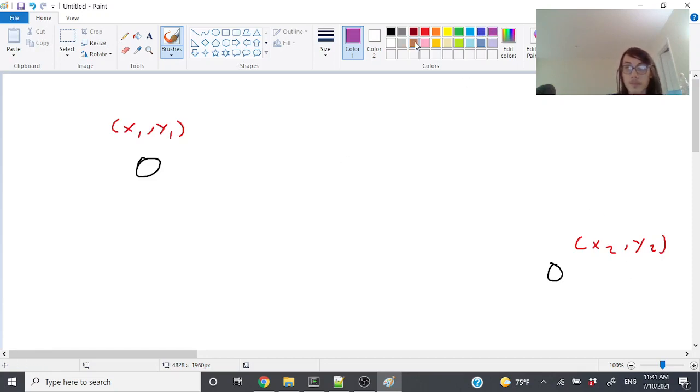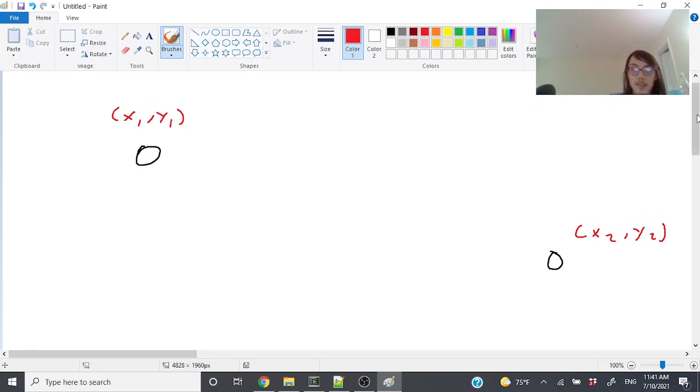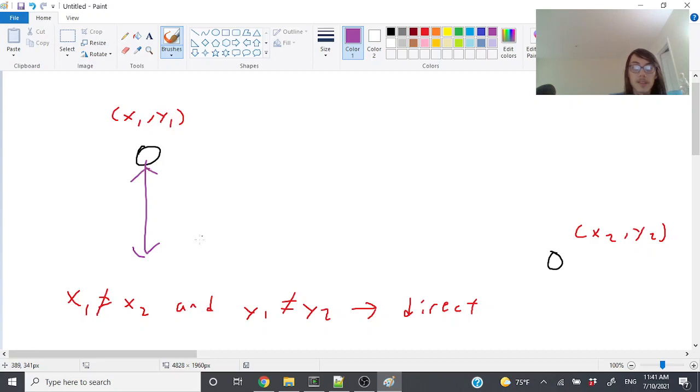So if both coordinates are different, I'm gonna write out the decision tree here. If x1 is not equal to x2, and y1 is not equal to y2, then the answer is just the direct distance. In particular, the difference between the x's and the difference between the y's. The direct distance is just the absolute difference between the x's, because one might be greater than the other and we don't want to add negative distance, plus the difference between the y's.